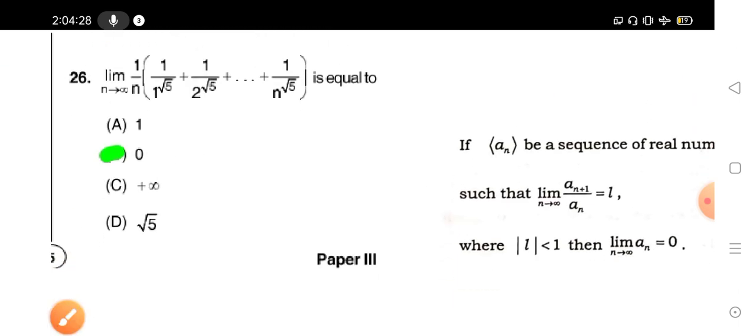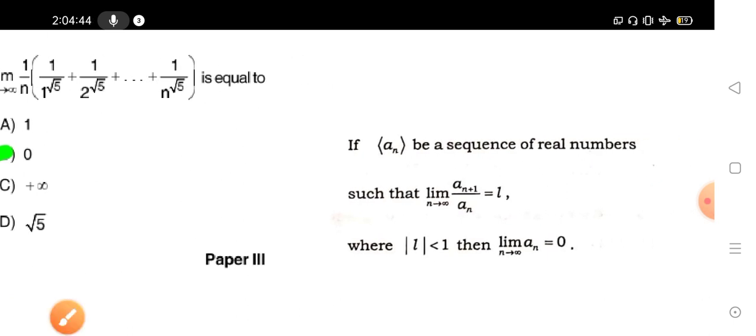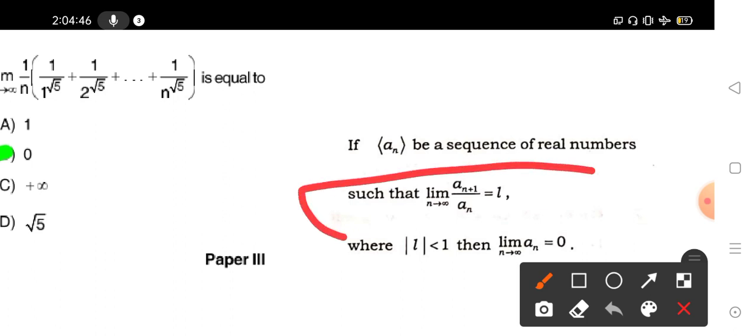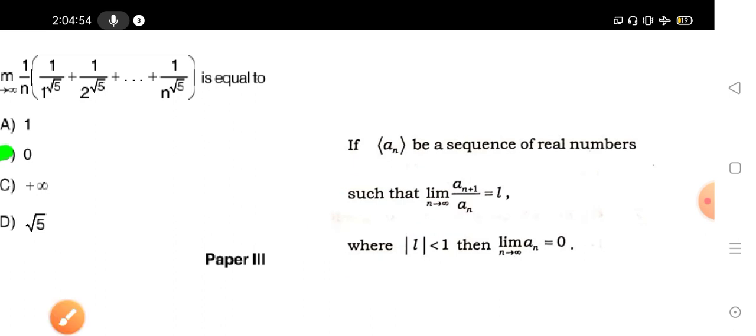Next question: limit as n tends to infinity of 1 upon n into 1 upon 1 raised to root 5 plus 1 upon 2 raised to root 5 plus up to 1 upon n raised to root 5 is equal to. This is also one result: if a_n is a sequence of real numbers such that limit as n tends to infinity of a_(n+1) upon a_n equals L, and modulus of L is less than 1, then limit as n tends to infinity of a_n equals 0.